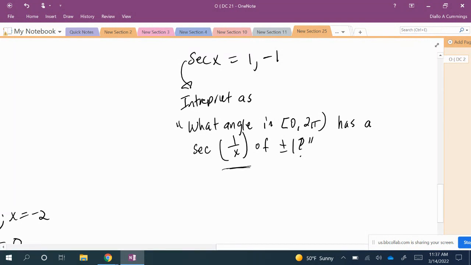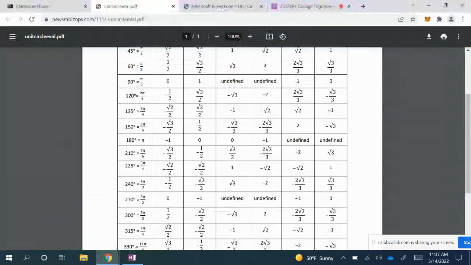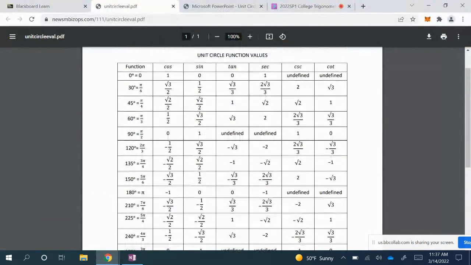Now I would really use this 1 over x value if I had a unit circle and a unit circle only. But since we have the function values chart, we can look up the secant directly. All right, so here's what I mean. I'm going to bring up this function values chart. I'm going to look in the secant column, and I want to look for all of the angles that have a secant value of either positive 1 or negative 1.